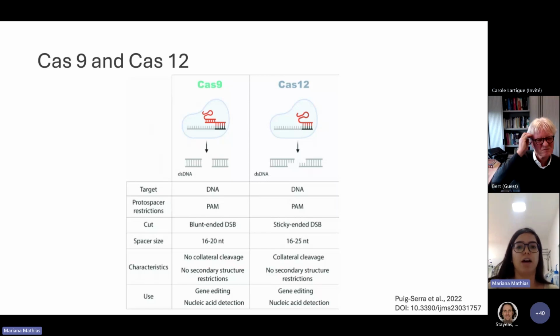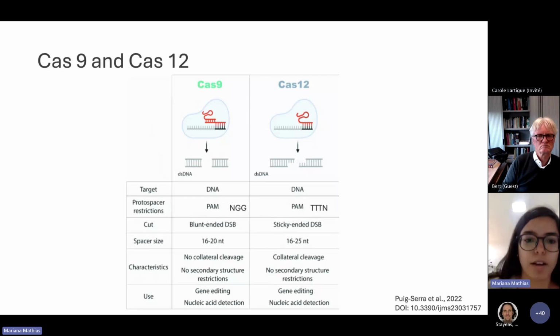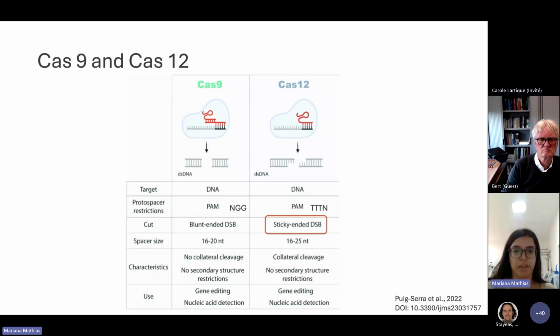They have different protospacer adjacent motifs. Cas9 has NGG, and Cas12 is more focused on thymine, which is good because our cells have a lot of thymidine, and as I said, the sticky end double-strand break.